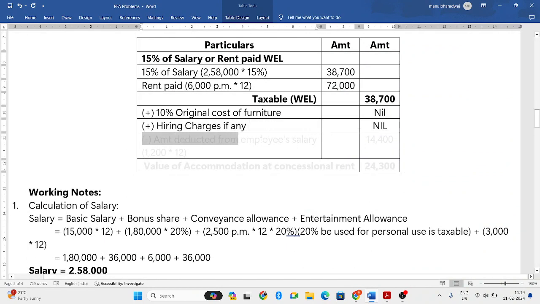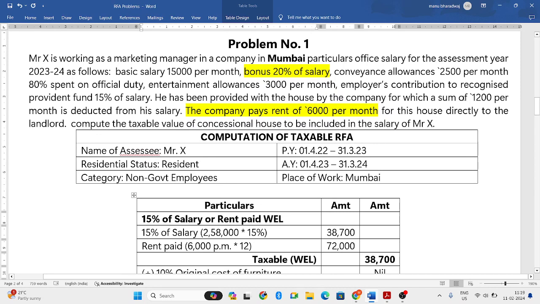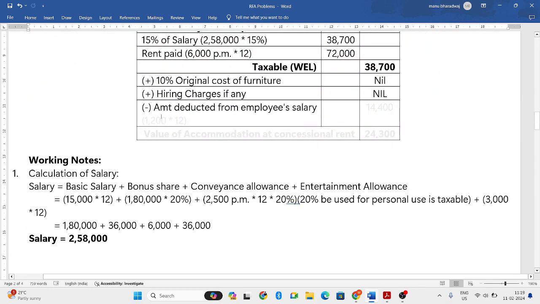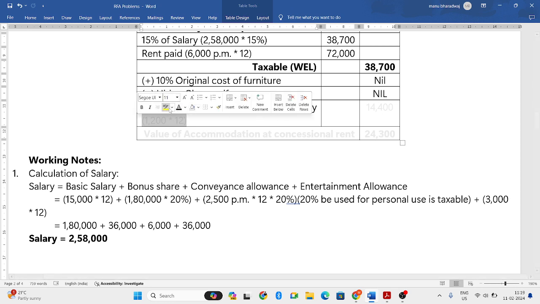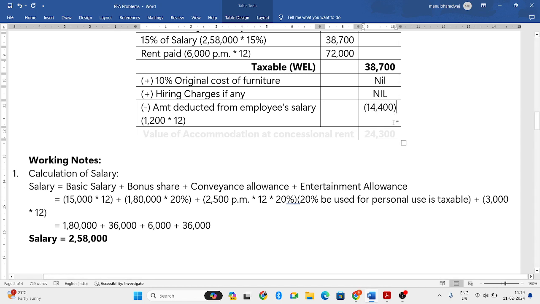Now the next one is if any amount has been deducted from the employee's salary, that has to be subtracted. So they have told that sum of 1,200 per month is deducted. So every month 1,200 is deducted from X's salary. So 1,200 per month into 12 months, you will get 14,400 rupees. 14,400 is the salary deducted from the employee's monthly salary.